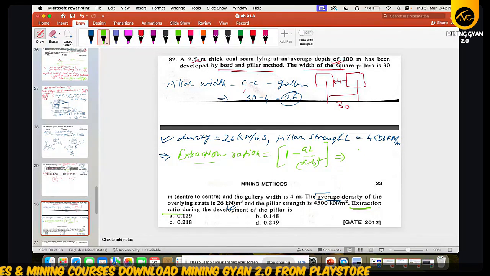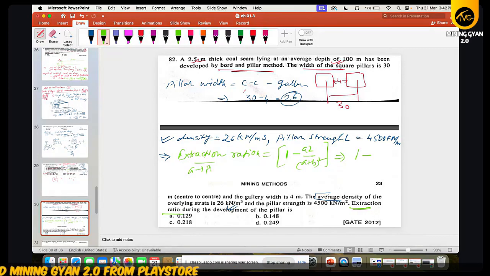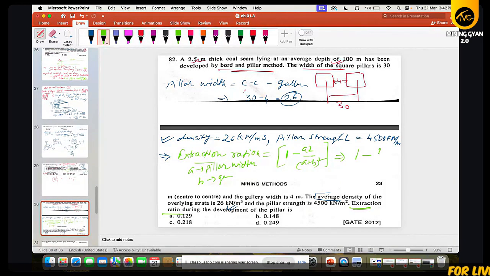The formula is 1 minus (A by B) squared, where A means pillar width and B means gallery width.